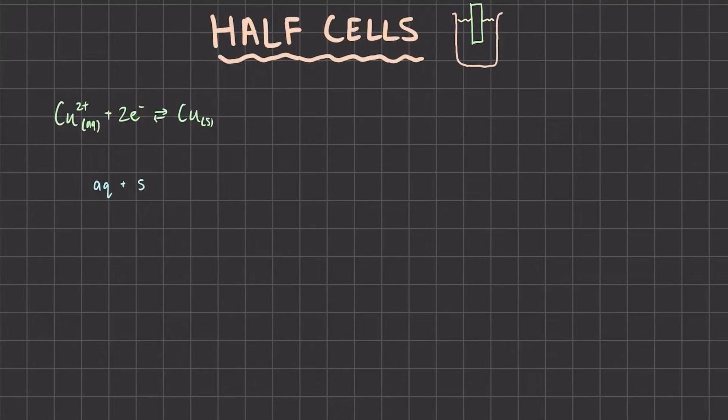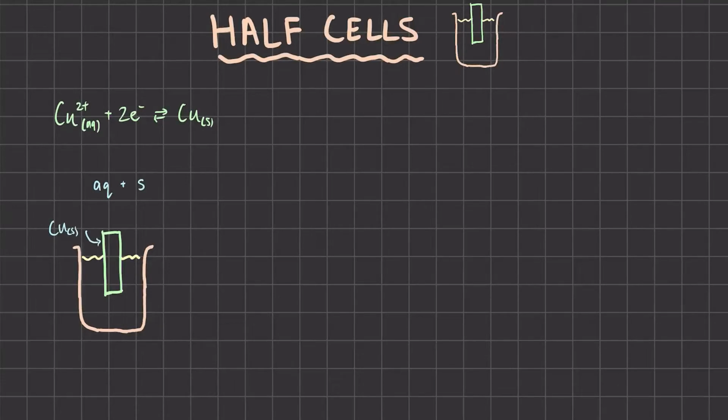If you take a look at your electrochemical series, the most common type of reaction looks something like this. You have an aqueous metal and a solid metal, as you can see by the states. For example, we have a reaction involving copper 2 plus aqueous and copper solid. So if I were to make a copper half cell, the electrode would need to be made up of the solid metal.